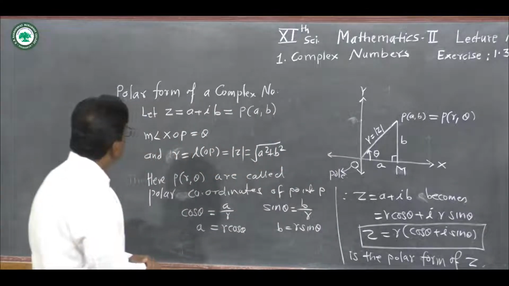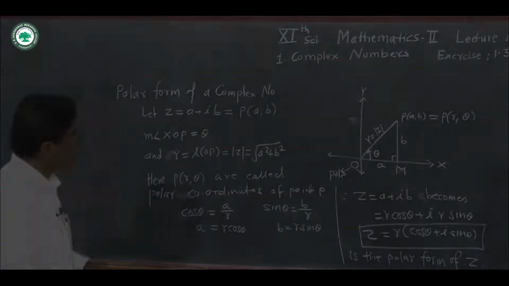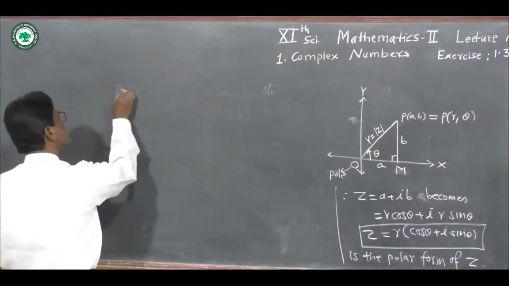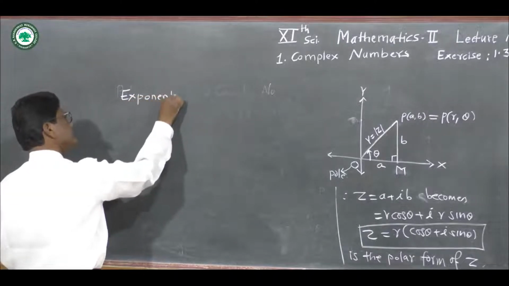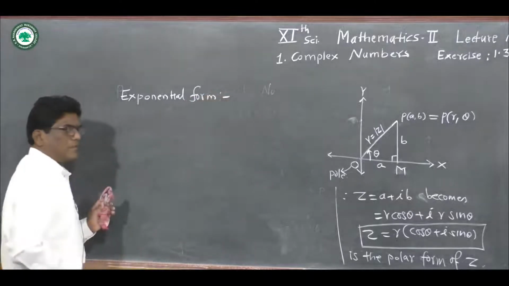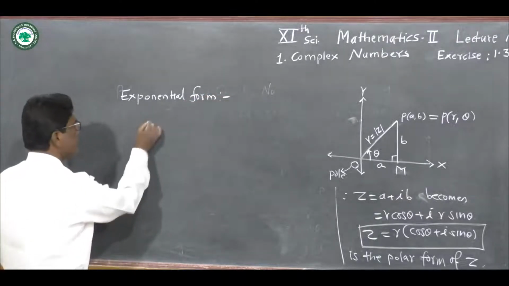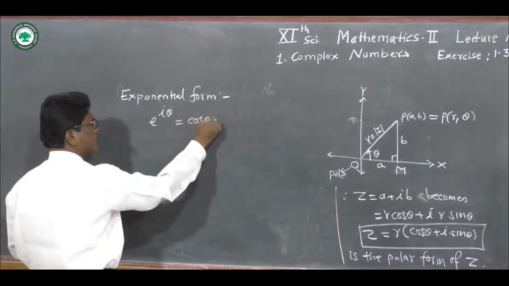So next, the exponential form. In school level, we know e to the power I theta is equal to cos theta plus I sin theta.